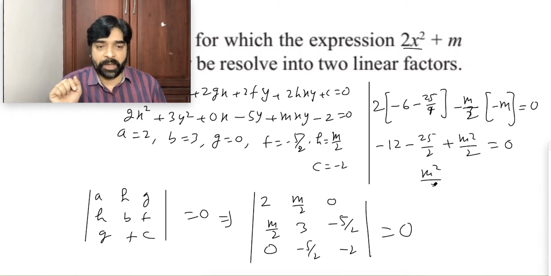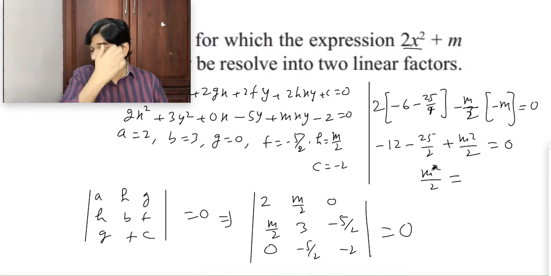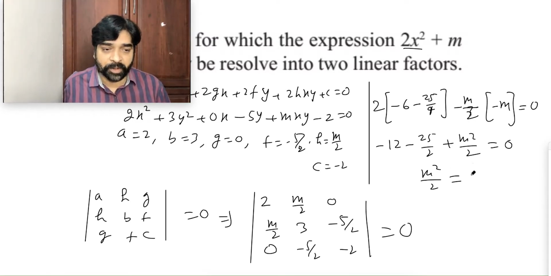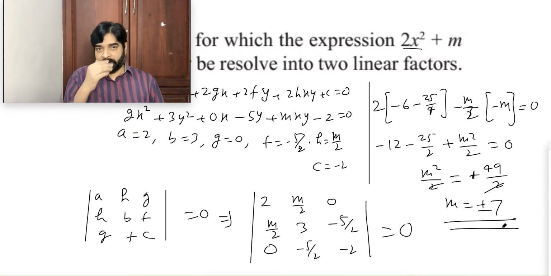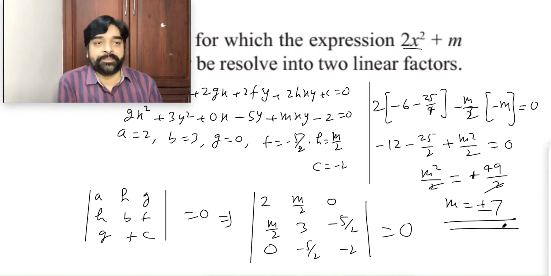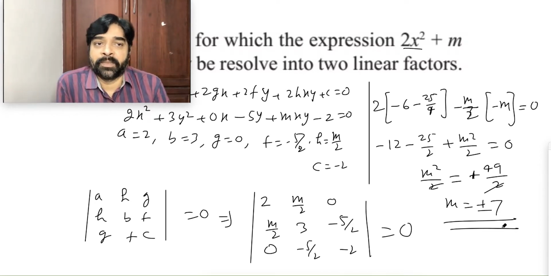So m square by 2 is equal to 12 into 2, how much? 24 minus 20 minus 49 by 2, so m equal to plus minus 7, if I didn't make any calculation mistake. How many of you got it? Nobody got it. Okay.